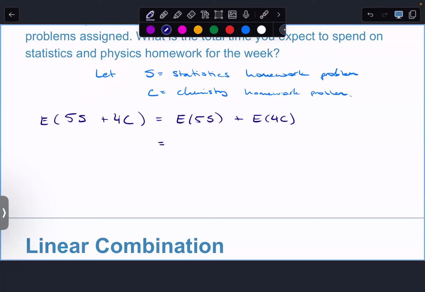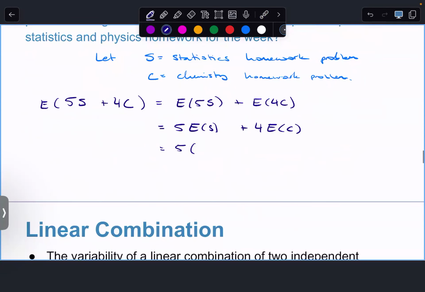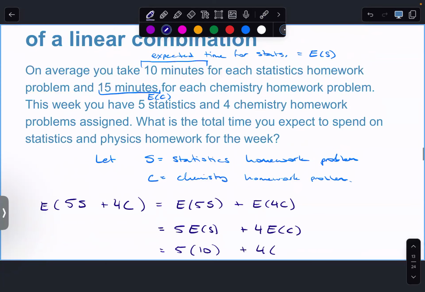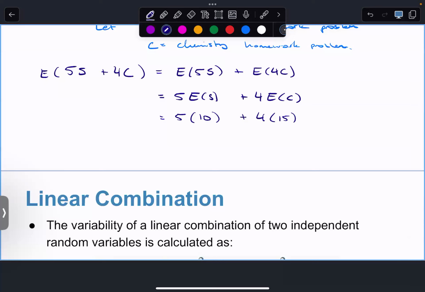And so I can expand it further and say 5 times the expected value of S plus 4 times the expected value of C. We were told the expected value of S is 10 minutes, and the expected value of C was 15 minutes. So 50 minutes and 60 minutes, right?